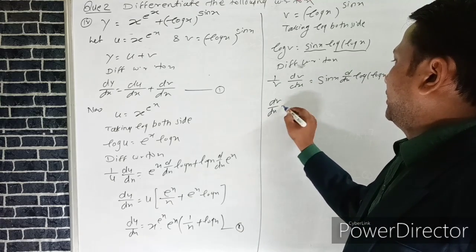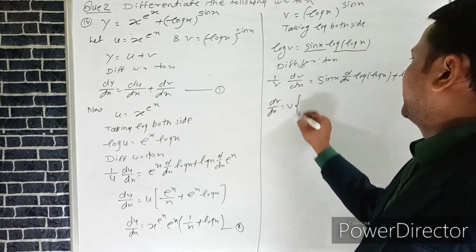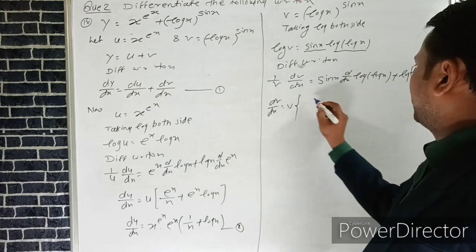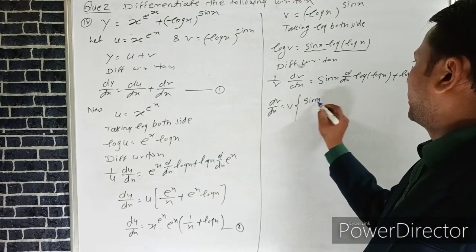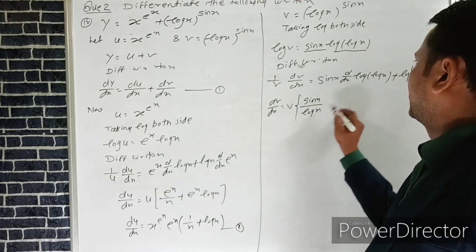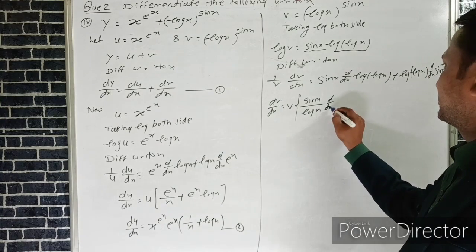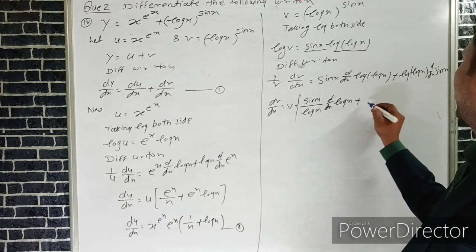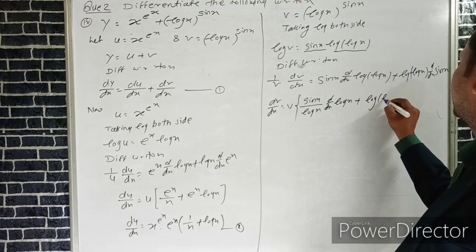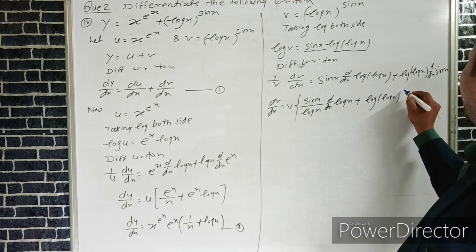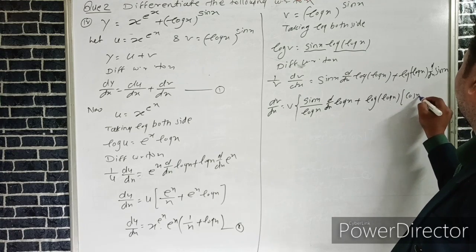Therefore dv upon dx, if we take this to the right side, then we can write sin x into derivative of log x plus log x as it is, and we know that the derivative of sin x is cos x.